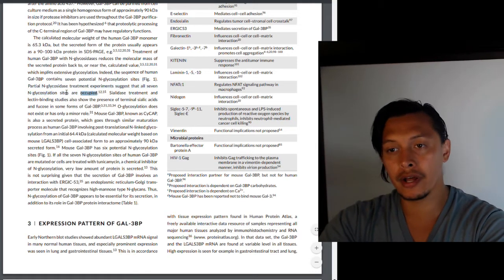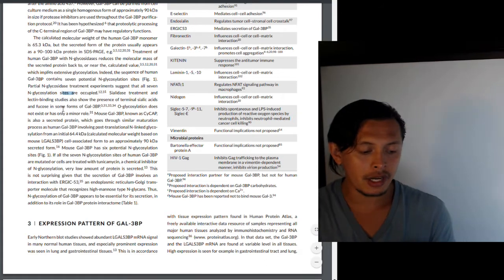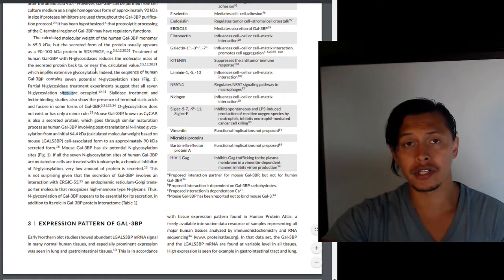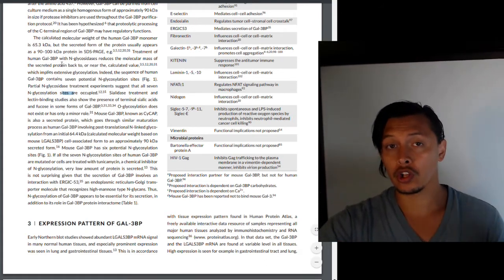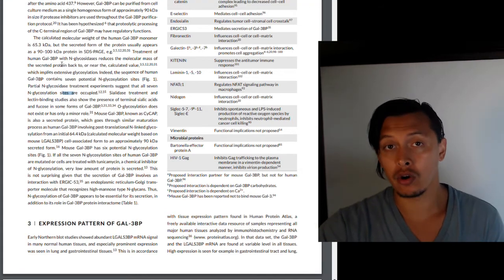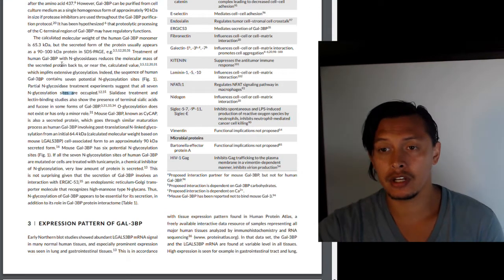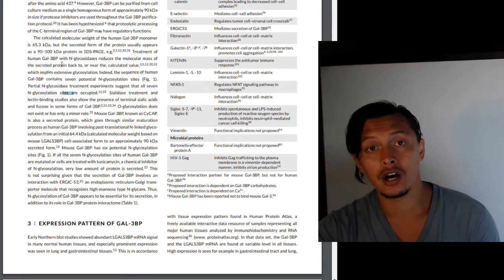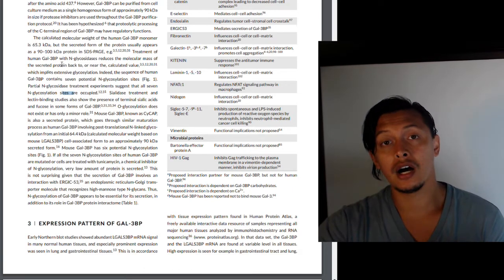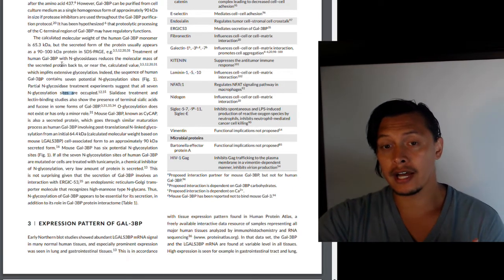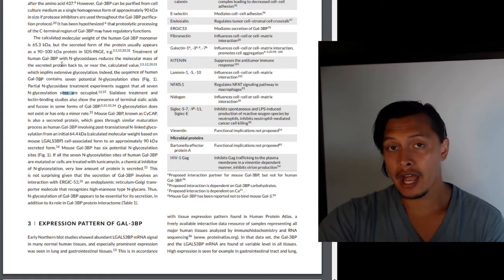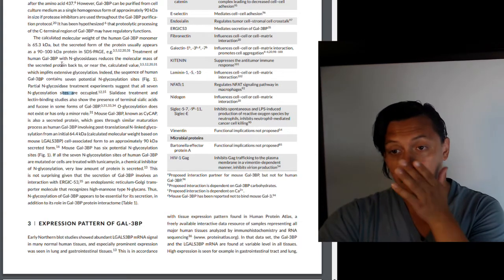So basically we can do a good job at predicting which nitrogens are likely going to become glycosylated, and if we do partial deglycosylation of Galectin-3 binding protein, it appears as though each and every one of those 7 distinct sites has glycosylation on it.